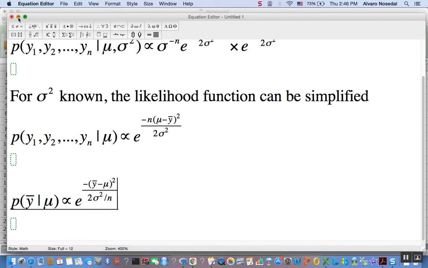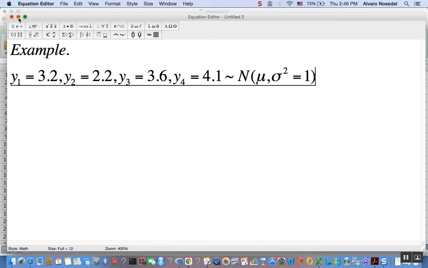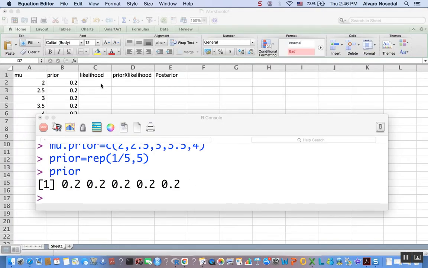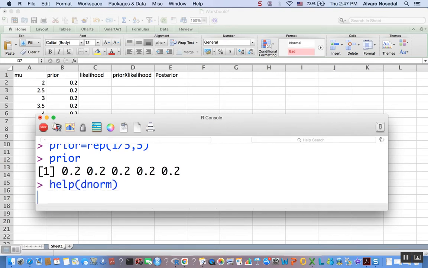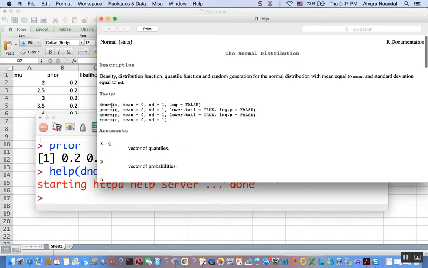So from the table we can see that we want to evaluate that for 5 different values of mu. We can use the dnorm function to evaluate the PDF of a normal.